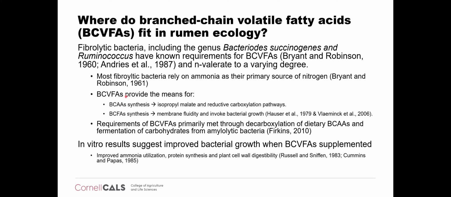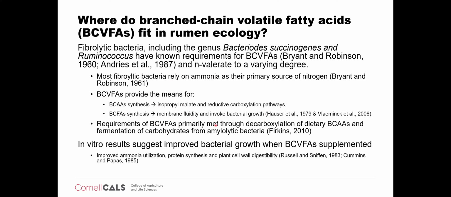And those branched chain VFAs are for branched chain amino acid synthesis and requirements in the pathways in the fibrolytic bacteria, right? We know the fibrolytic bacteria rely on ammonia, but they need these branched chain VFAs so they can fill some pathways, increase membrane fluidity and invoke bacterial growth, right?